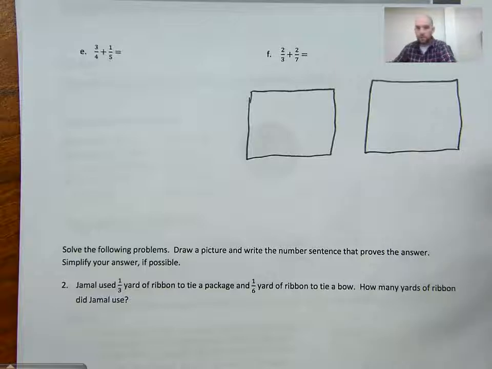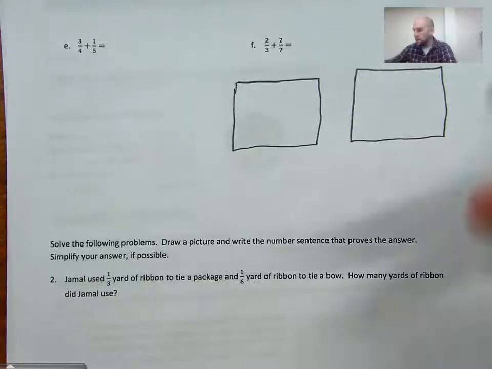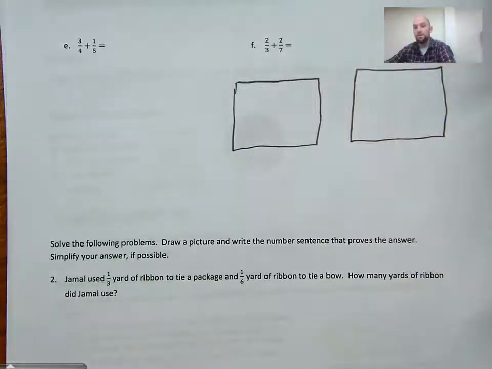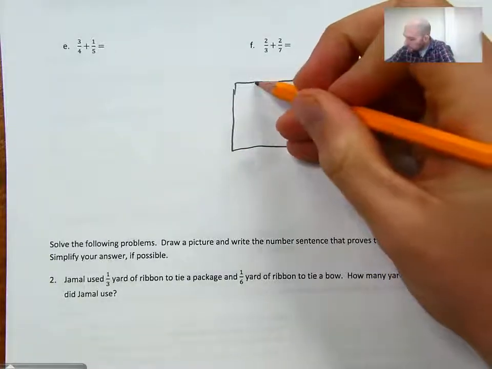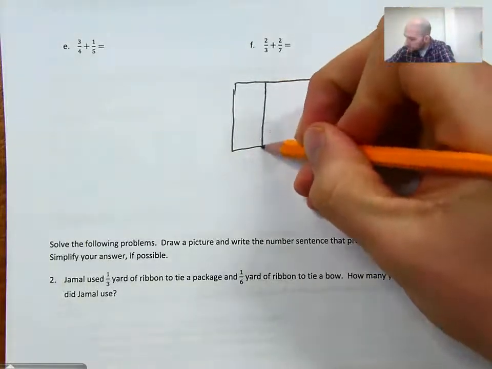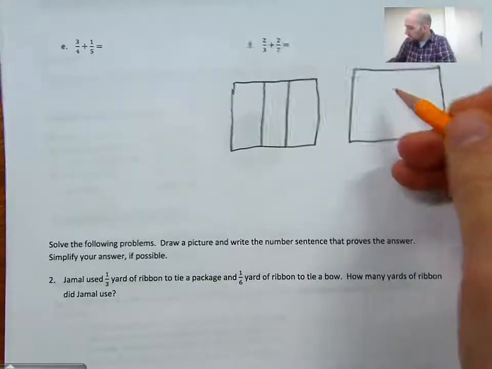Now you're going to notice this is a little bit different because our numerators, look, they're not ones. They're twos now. But that's not going to really make a difference in our process. We just have to make sure that we show 2/3 and 2/7 instead of 1/3 and 1/7. So we have thirds here, sevenths here. We have to make 6 lines.